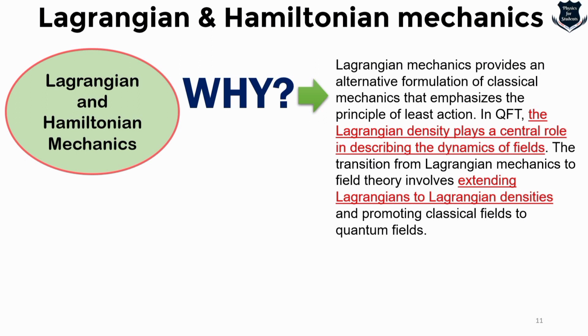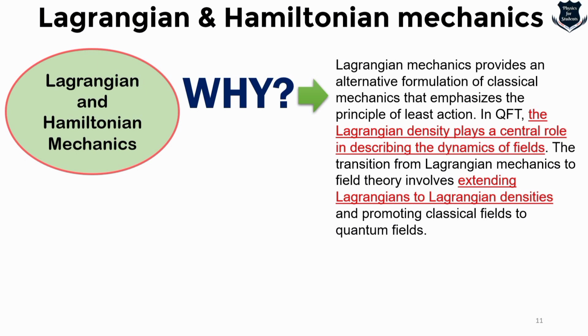In quantum field theory, the Lagrangian density, instead of Lagrangian mechanics, plays a very, very important role. Why, will soon become clear, but you need to understand that we are no more dealing with particles, we are dealing with fields. Fields are widespread over a huge area of space and time, and that is why we need to find the density over that expanse, and that is why Lagrangian density is important.